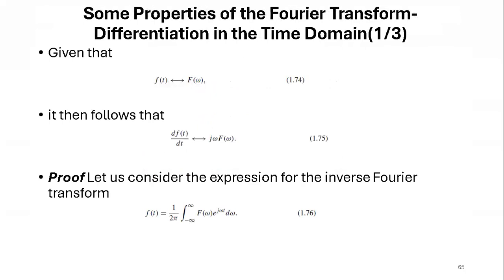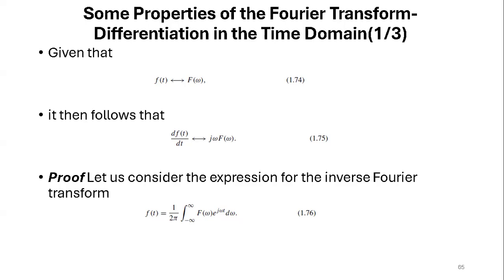Now, differentiation in the time domain. Given that f(t) implies F(omega), it follows that the time derivative df(t) over dt implies j omega F(omega).